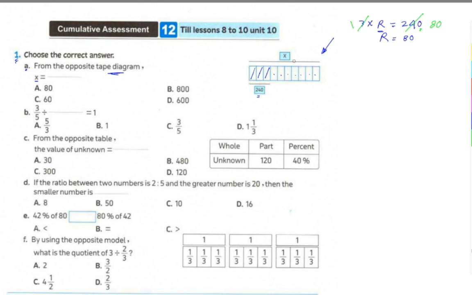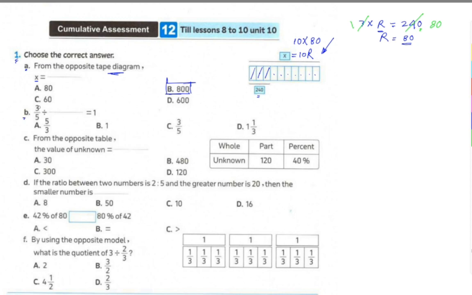So x has 10 rectangles, and one rectangle equals 80. So 10 rectangles equal what? 10 times 80 equals 800.